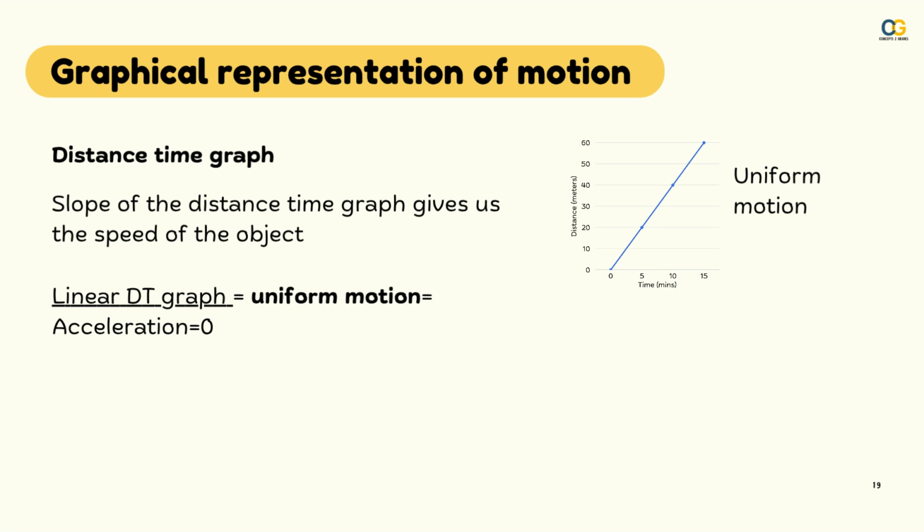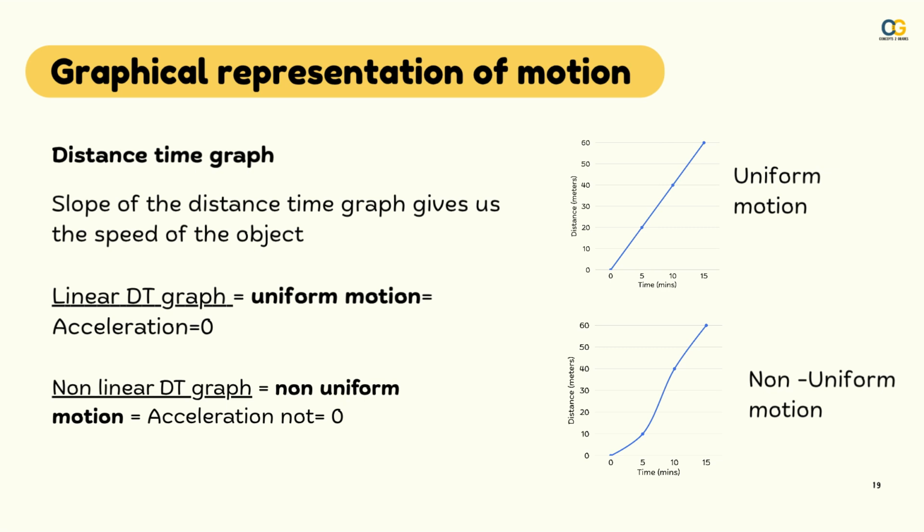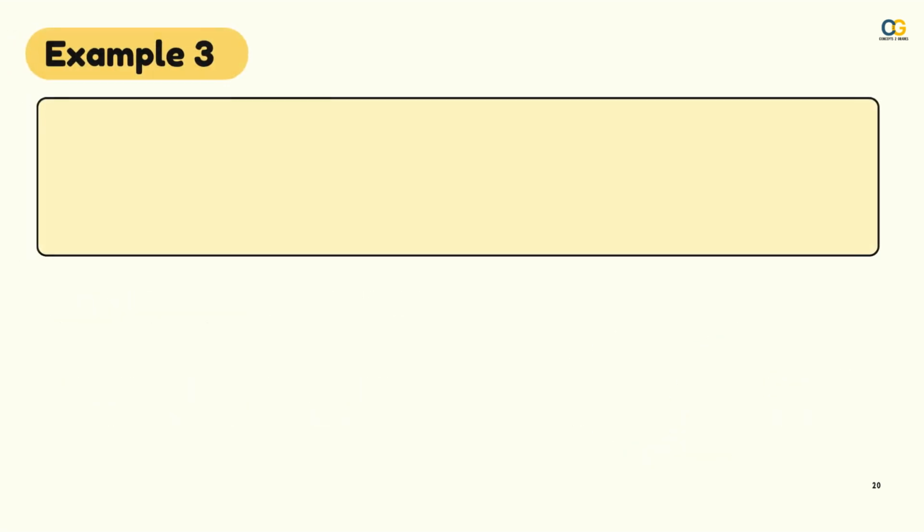That is, the speed or velocity does not change with respect to time. If the graph of d-t is non-linear, it is non-uniform motion, where the acceleration exists and it is not equal to 0. Let us solve an example to understand this graph better.